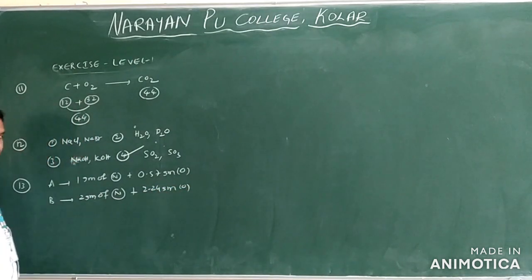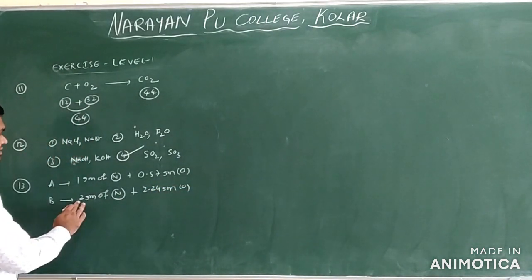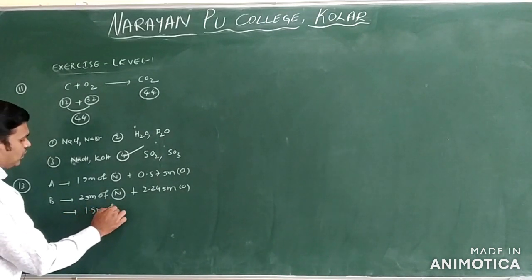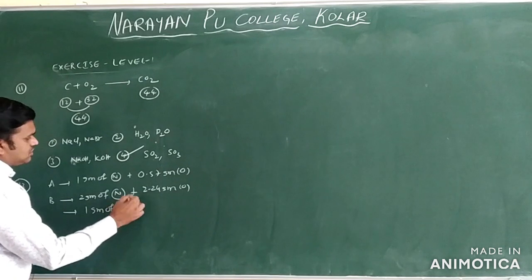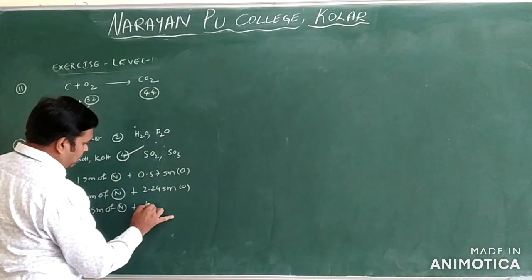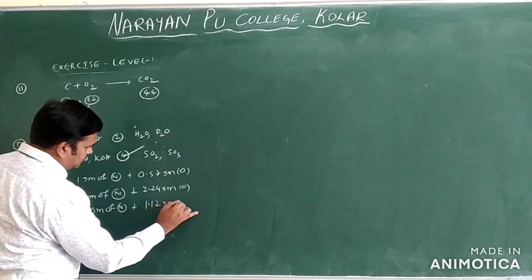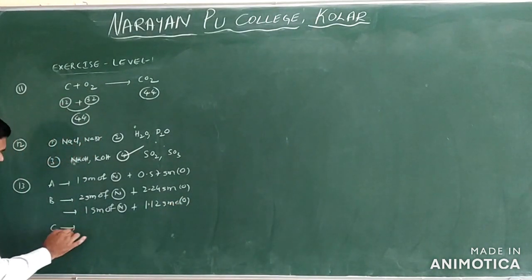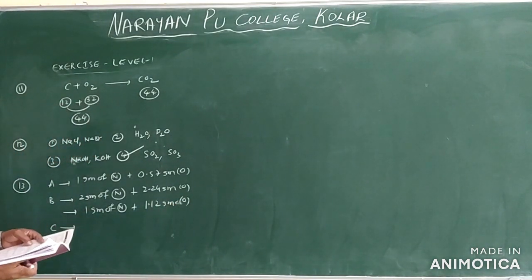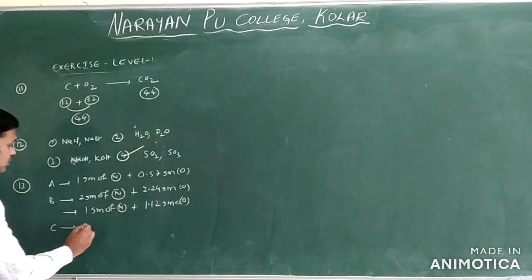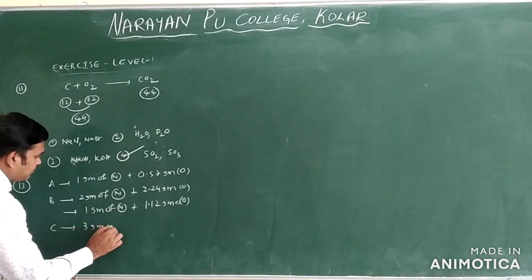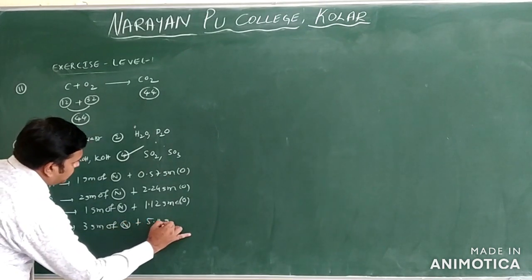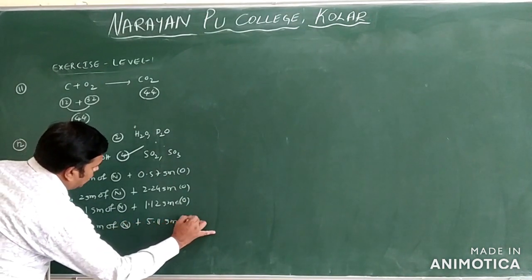I want to fix the weight of nitrogen. I want to divide this equation by 2 only. Then I will get 1 gram of nitrogen plus 2.24 by 2, which is 1.12 gram of oxygen. If we take compound C, that is 3 grams of nitrogen plus 5.11 gram of oxygen.